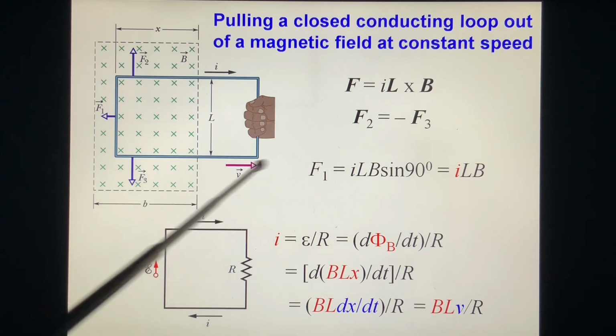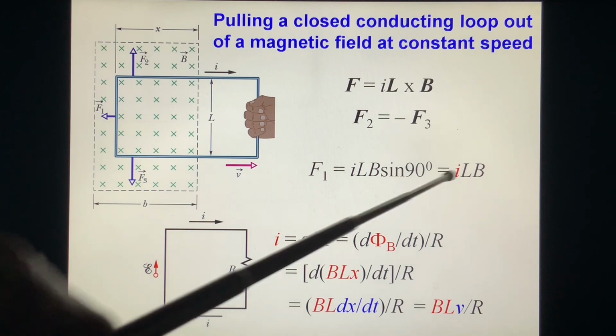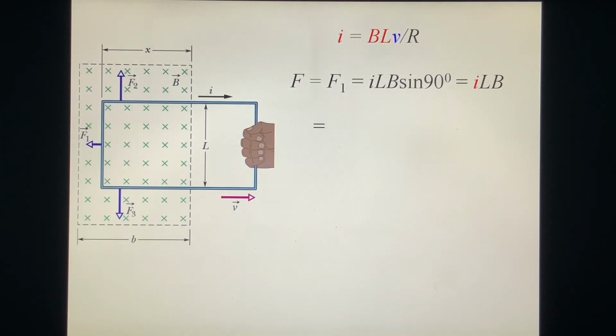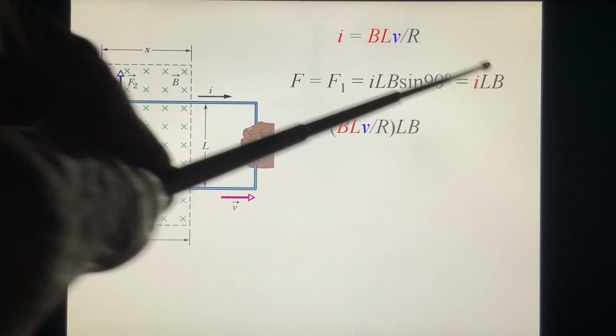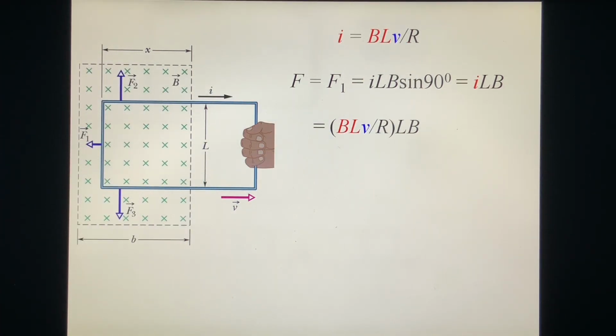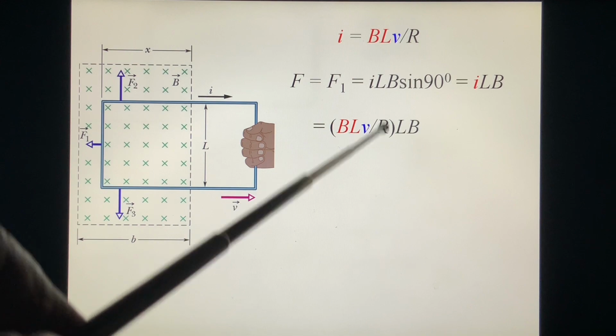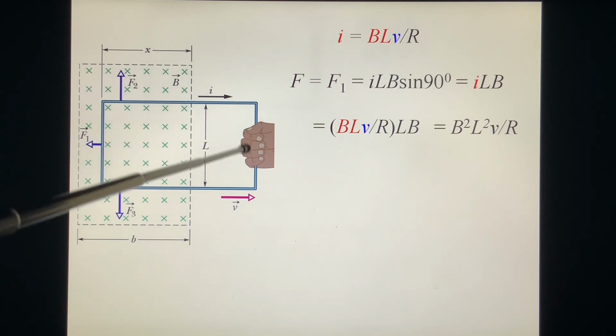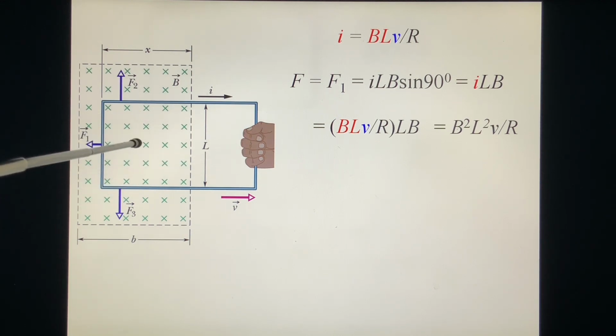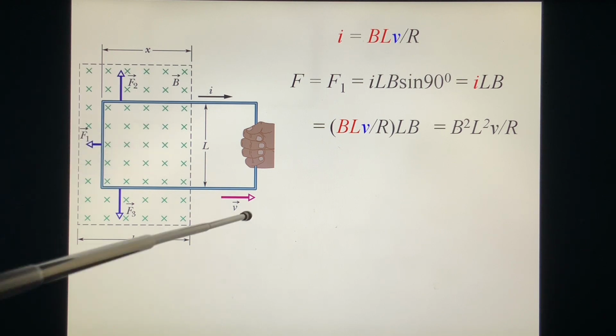Now we put this I into the force expression, F equals I L B, and we get B squared L squared v over R. This is the force I have to use to keep the loop leaving the magnetic field at constant speed v.